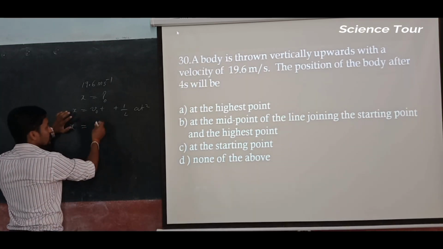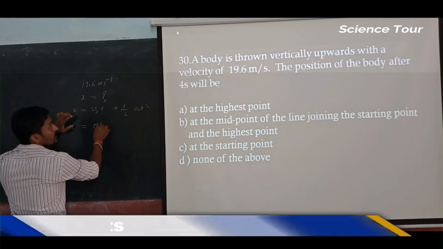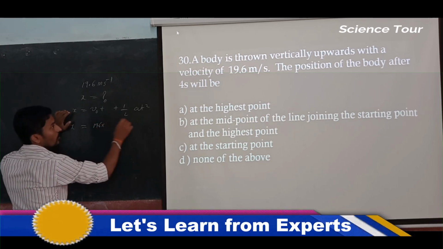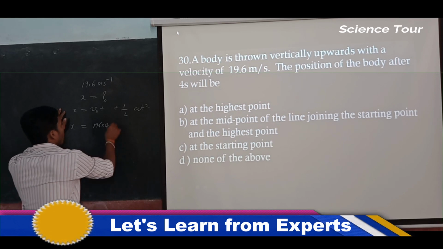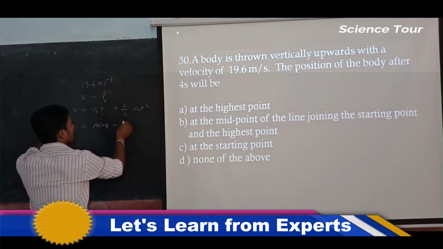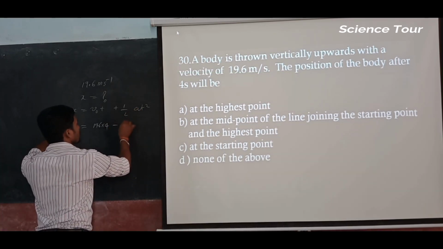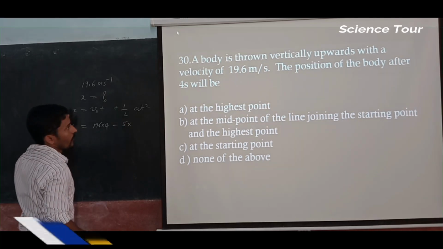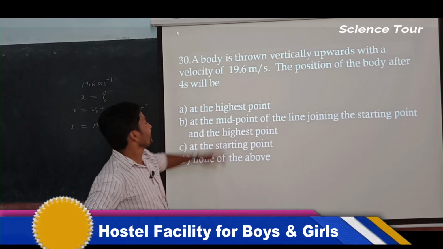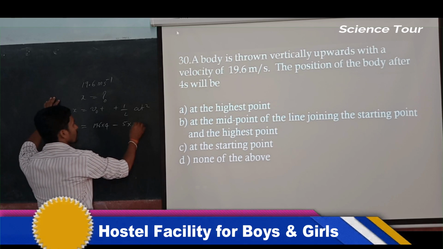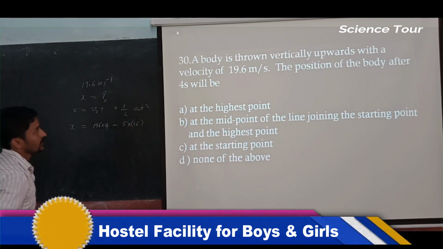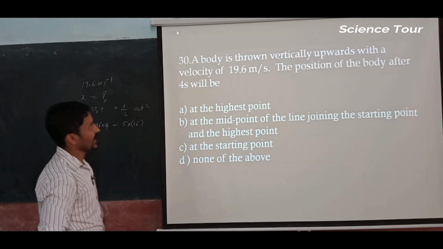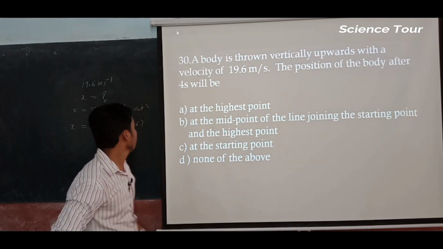Velocity is positive, 19.6 into 4 minus, upward, that is 10/2 is 5, into 4 squared, that is 16.